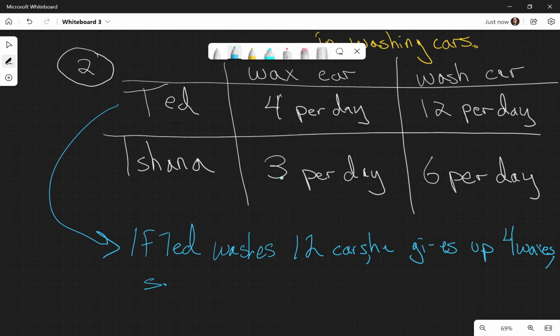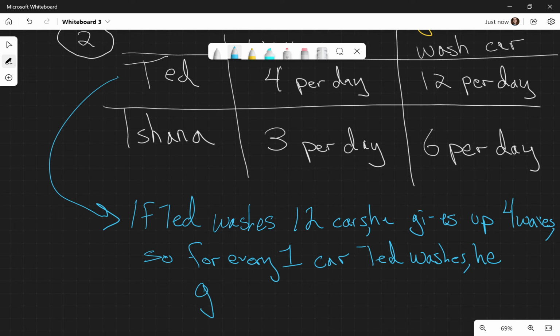So for every 1 car that Ted washes, he gives up on waxing 4 divided by 12.